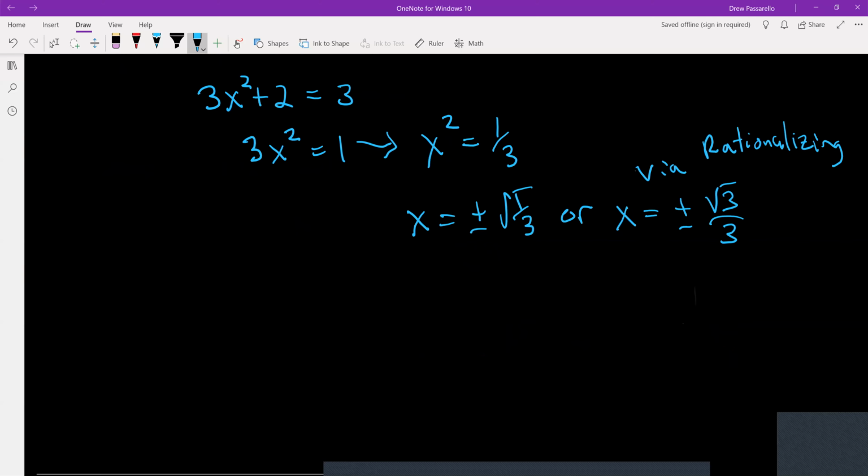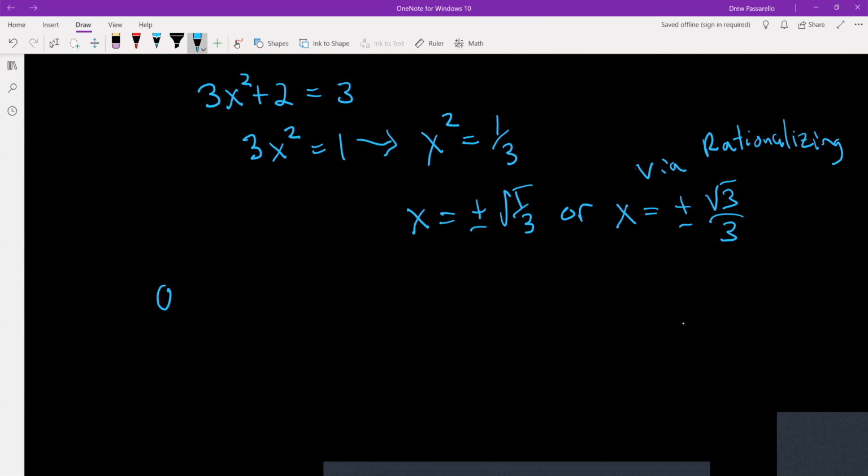Now we need to check our interval. So we don't consider the endpoints when we're dealing with C. It's going to be -1, 0 with parentheses. And the only one that lies inside of that interval is the -√3/3, or -√(1/3).